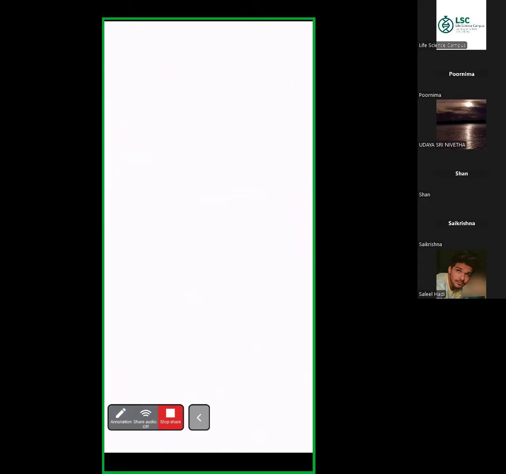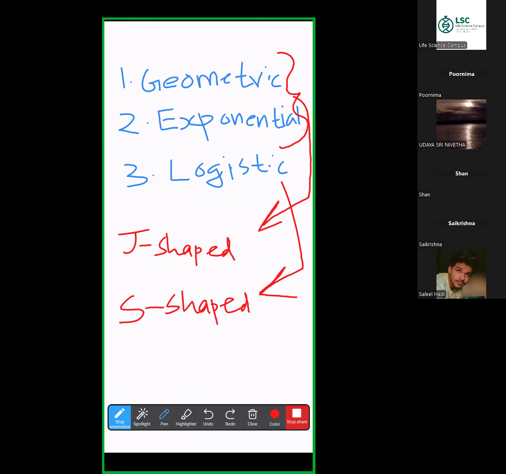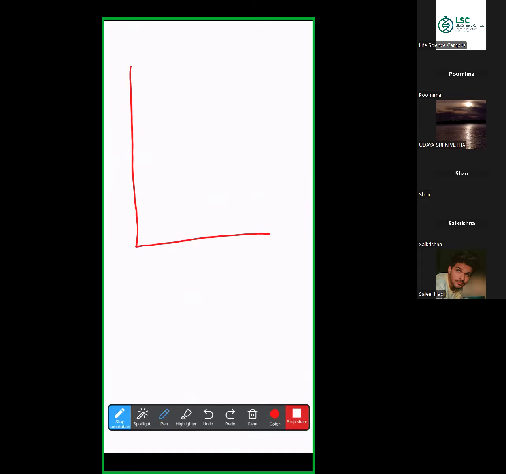So in the case of geometric and exponential growth curves, graph will be like this. This graph is increasing like this because they consider there are unlimited resources. There is no scarcity for resources.